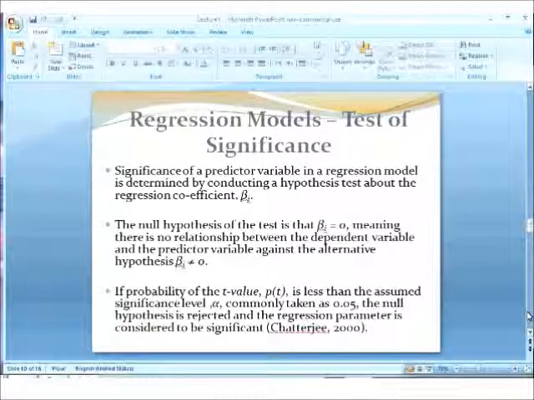Now, if you remember from our last lecture, we discussed the t-test. Again, that comes back. How would I know? For example, I developed a model that has 5 independent variables, and my coefficient of determination, or R-square value, is 0.98.